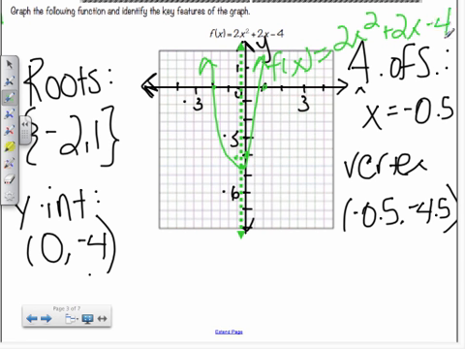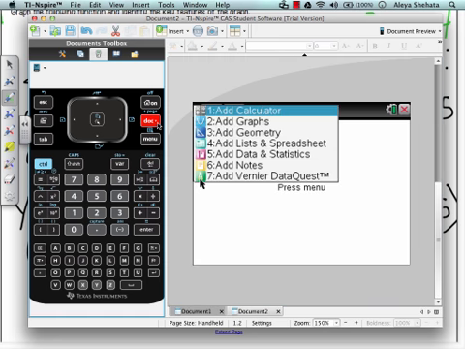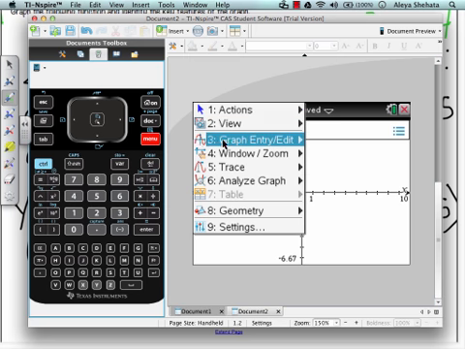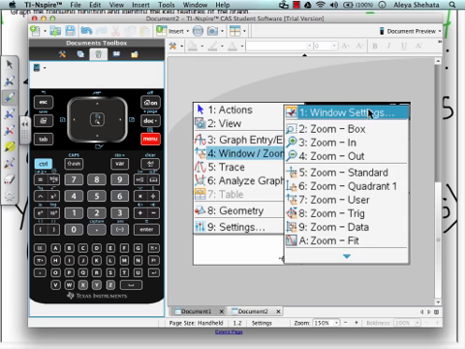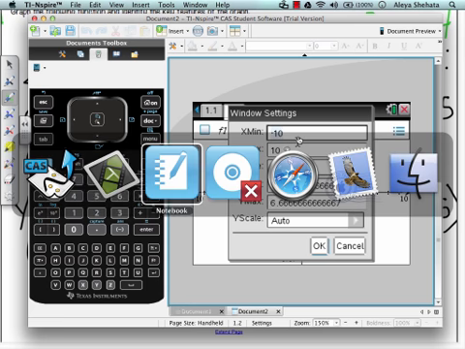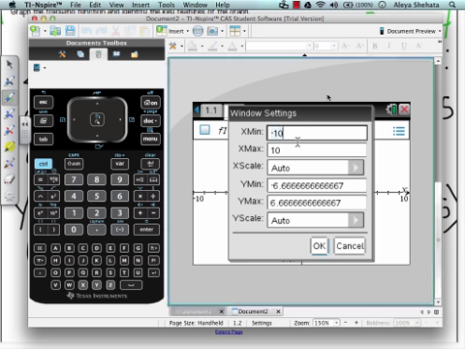Now, let's just make sure that it's okay on our graphing calculator. So go ahead and please insert a graphs page. I'm going to adjust my window first. So go to Window, Zoom, Window Settings. If you look at the graph that we have, it went from -5 to about +4, so that's what I'll say, -5 to 4.